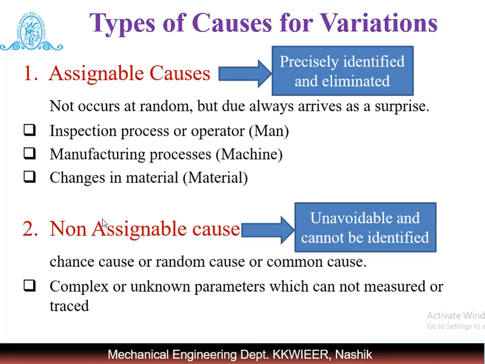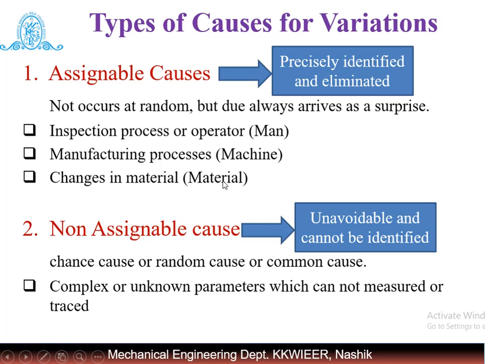An assignable cause does not occur at random, but always arrives as a surprise. In a factory, as I told you, so many men, machines and materials are involved. So assignable causes occur due to these three Ms: man, machine and material.